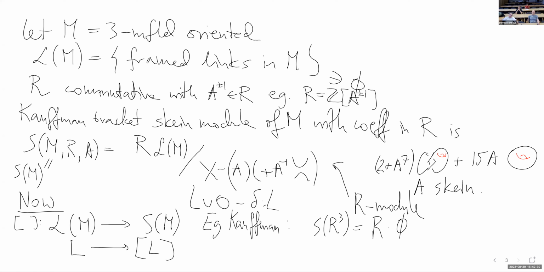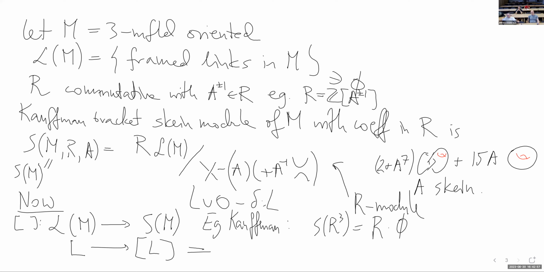Okay, and so what is this construction then? Well, when you have a link in R3, what do we get? We get a certain element of R. Let's consider this ring. What element of R do we get? Well, we get the Kauffman bracket. So for R3, this bracket is the Kauffman bracket, but for what ring?